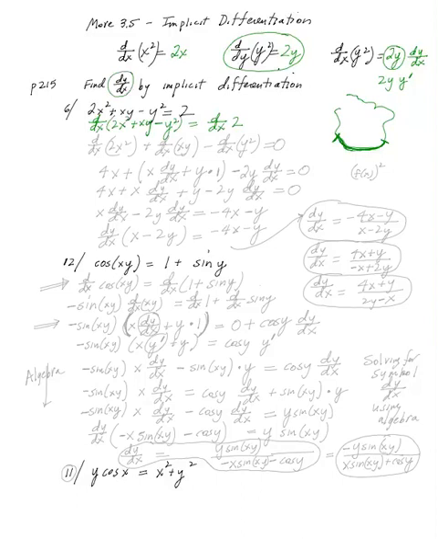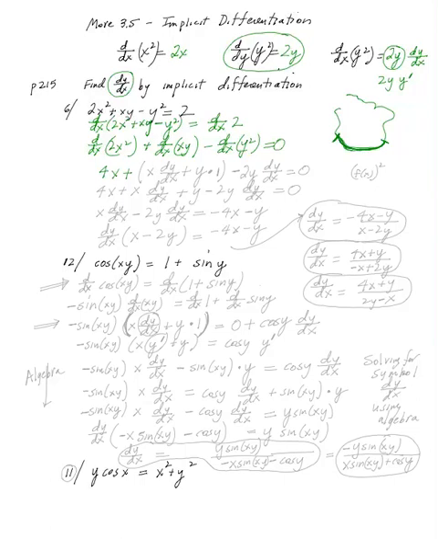Okay, the derivative of a sum is the sum of the derivatives. Same thing for a difference. And the derivative of the constant 2 is 0. Okay, so I get 4x plus, now, derivative with respect to x of x times y.